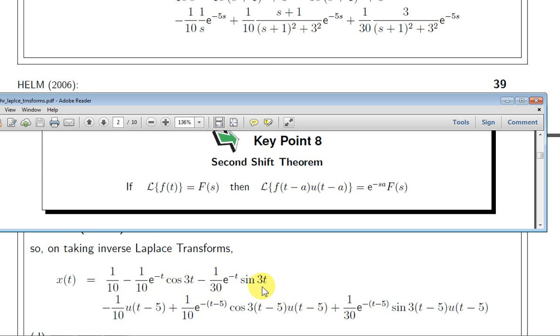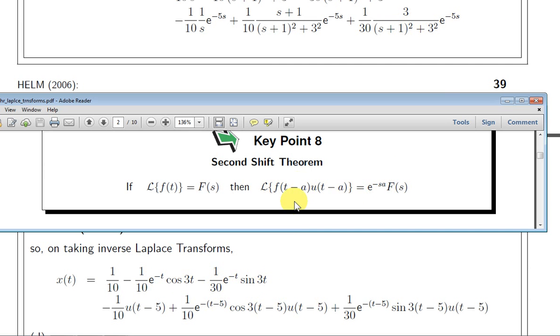We do something similar for the next term. The next term is this here, and we got the inverse transform of 3 over s plus 1 squared plus 3 squared already. Just this fraction part here, we know it's e to the minus t sine 3t, but because it's multiplied by the exponential, e to the minus sa, where a is 5, the inverse transform will be little f of t minus a, where little f of t is e to the minus t sine 3t.